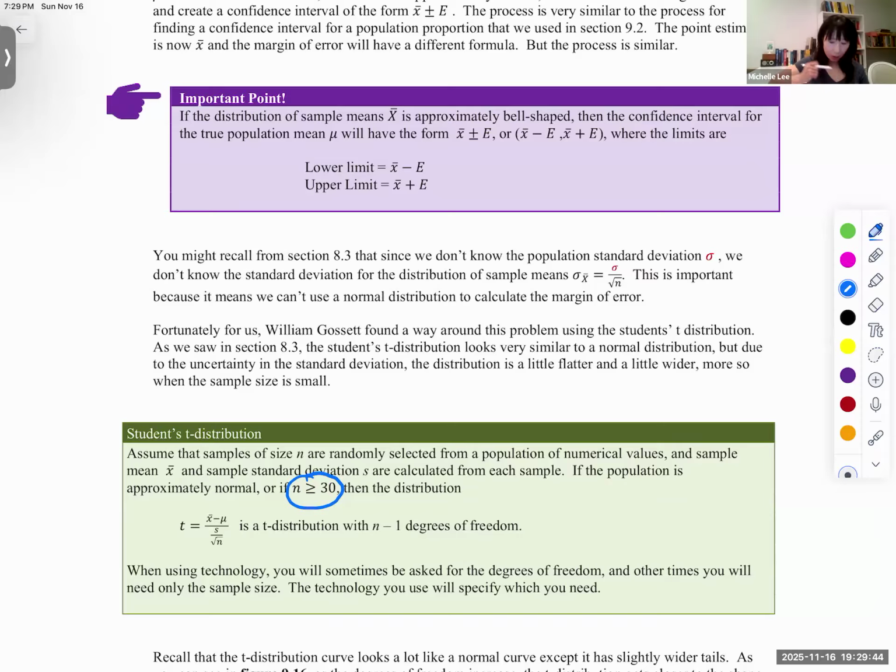Then we have a t distribution with n minus 1 degrees of freedom, right? When sigma is unknown, we use s, so we use s over the square root of n.